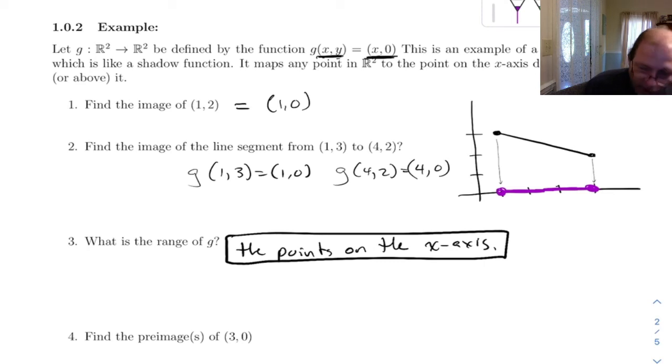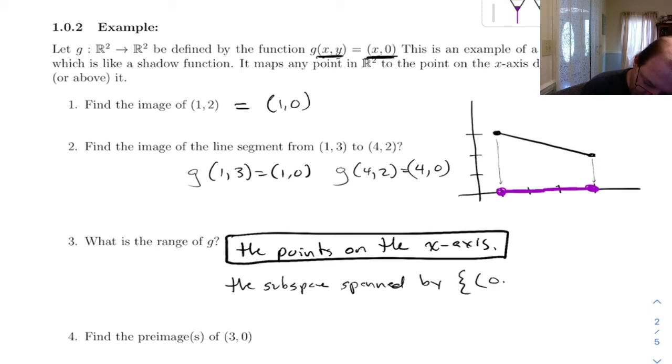Another way we could describe it is multiples of, or better yet, the space spanned by this set of vectors.